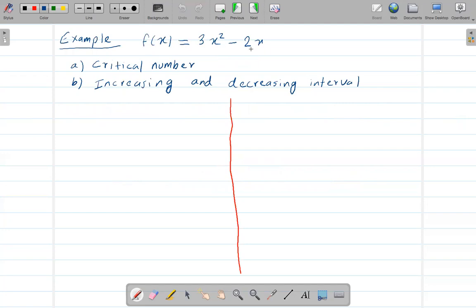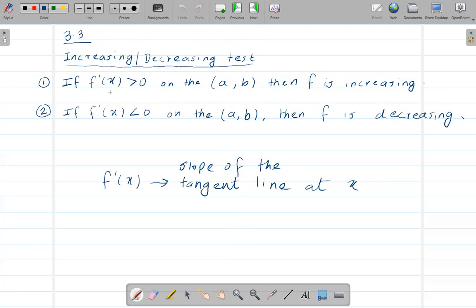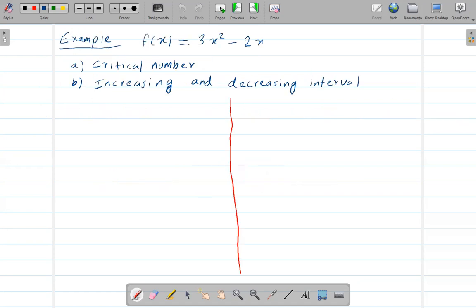This is given, and we need to find the critical number and the increasing and decreasing intervals. We can find increasing and decreasing intervals if I can find the first derivative of f. First we find the critical number by taking the derivative.